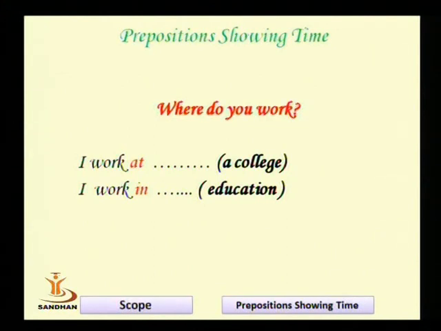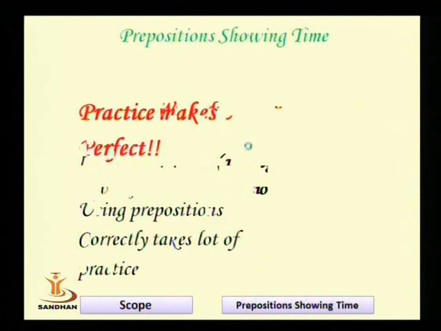That means in the first example we say the place where you work, and in the second, the department where you are working. If anyone is a businessman, one can say that I work at a company, I work in marketing. Marketing is one of the departments of the business. So "at" shows where you work, and "in" shows in which department you are working. These two show the difference in when you can use in, on, or at.